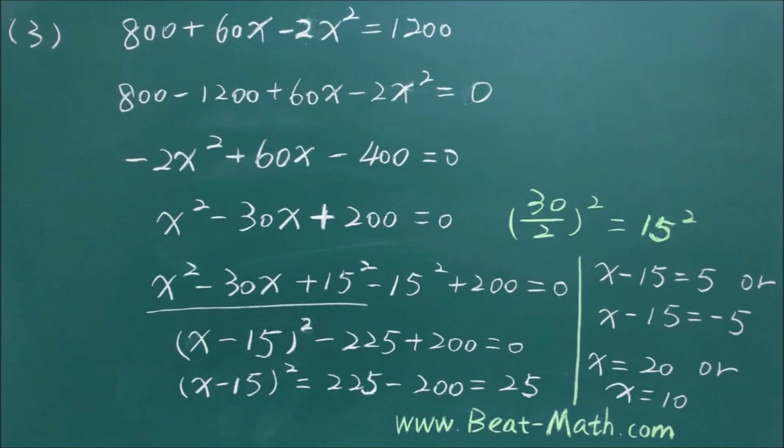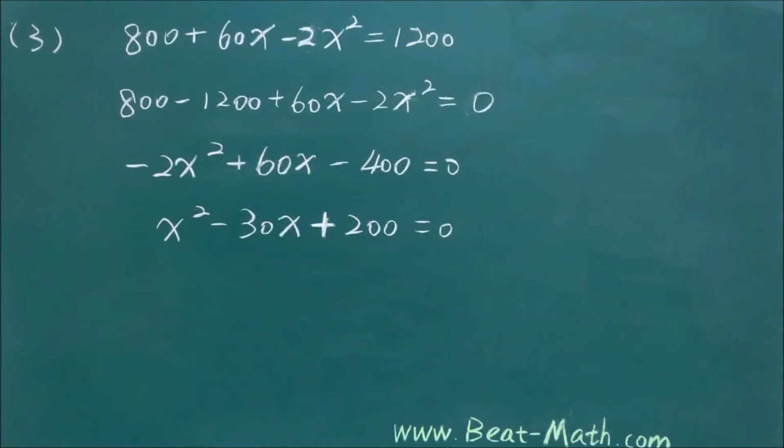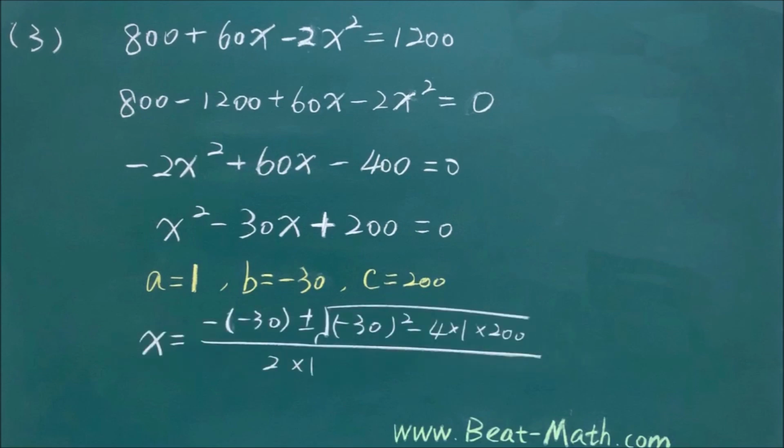In this example, you certainly can also solve the equation with the quadratic formula. In the equation x squared minus 30x plus 200 equals 0, a equals 1, b equals negative 30, and c equals 200. So x equals negative negative 30 plus or minus the square root of negative 30 squared minus 4 times 1 times 200, divided by 2 times 1.